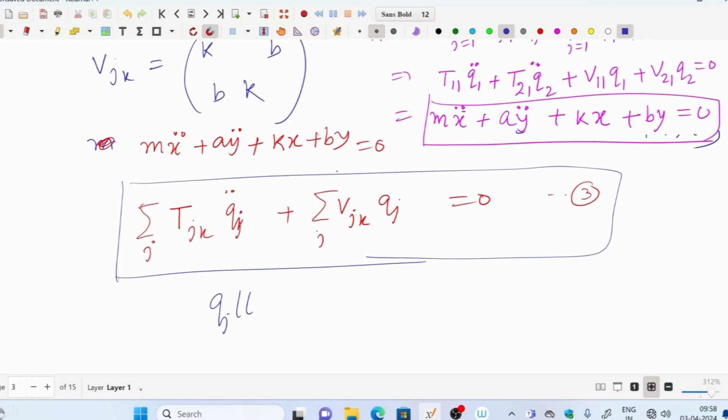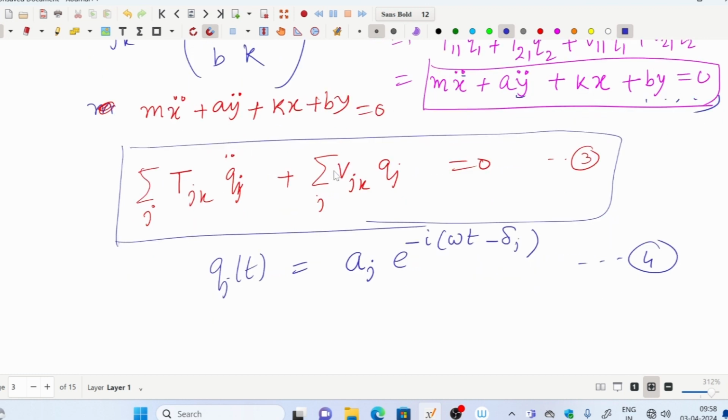So we can look for a solution q j of t as some coefficient A j times e to the power minus i omega t minus delta j.